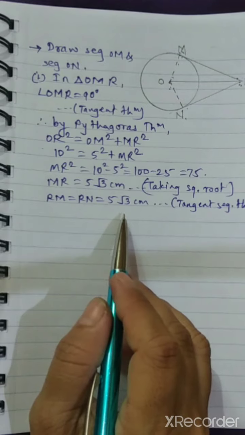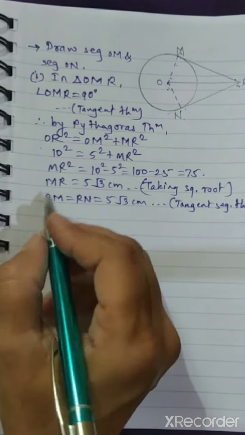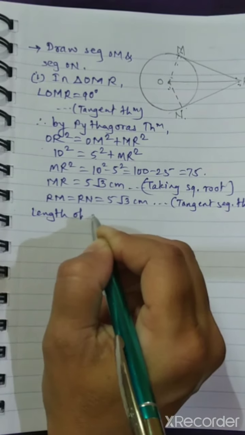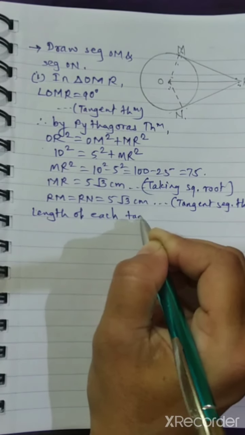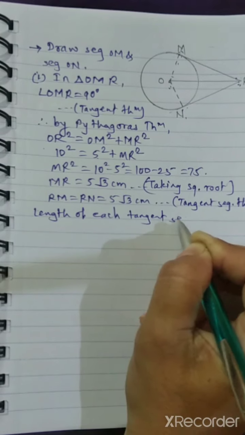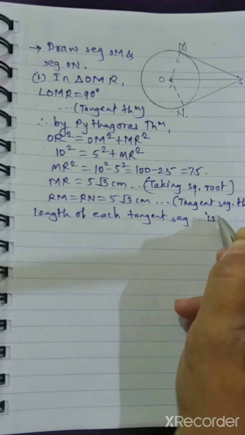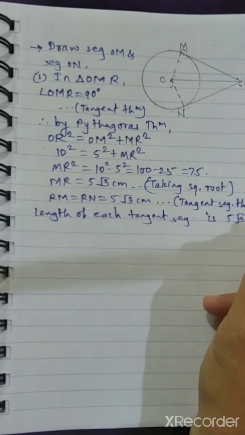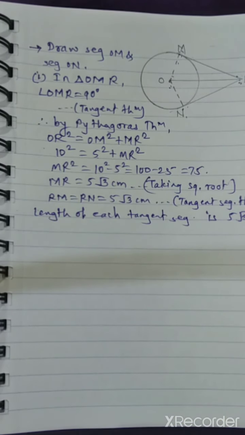By using Pythagoras theorem we have found that the length of each tangent segment is 5 root 3 centimeter.